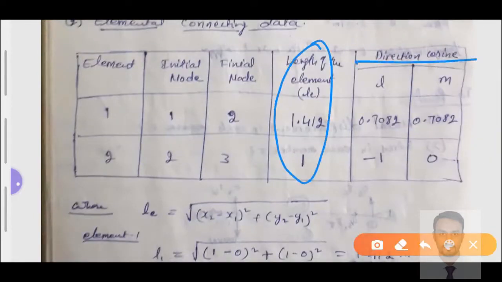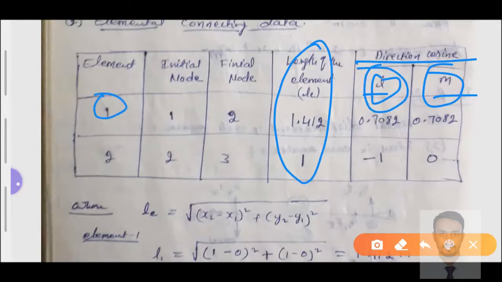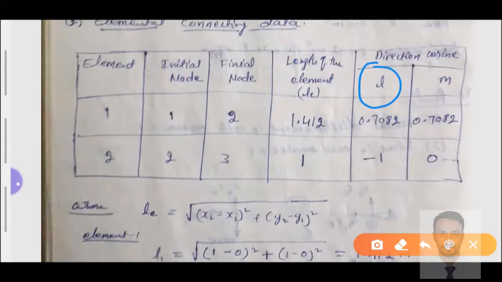Then we need to find the direction cosines L and M. L depends upon the x values, and M depends upon the y values. Carefully, again, we are finding the L value for element number 1. It is not a length, it is the direction cosine of the given element number 1.